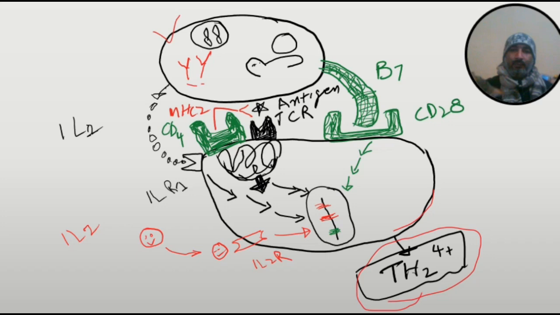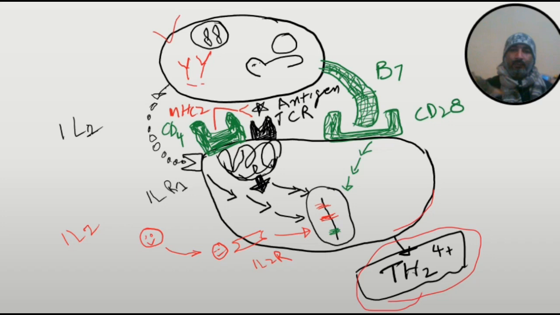What is primary interaction? Primary interaction means that the MHC class 2 molecule and antigen will bind with the TCR and CD4 receptor, and that will give a signal to the nucleus.